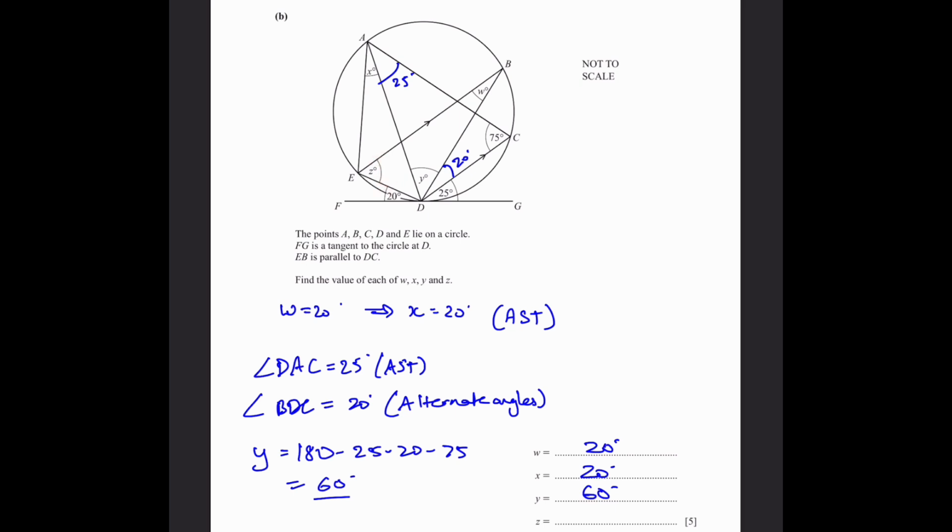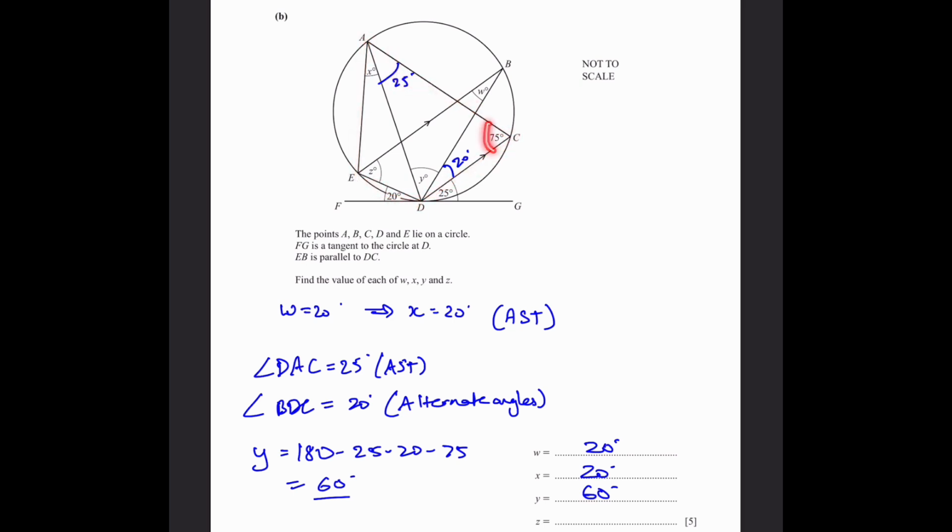Well, this one requires a bit of visualization to do, a bit of imagination. So we have not used this angle 75 degrees at all. And one trick you could use for this question is that almost all of the time, everything given in the question is required to find some angle. So here we have a 75 degrees. We can use this because we have a cyclic quadrilateral involving this angle.